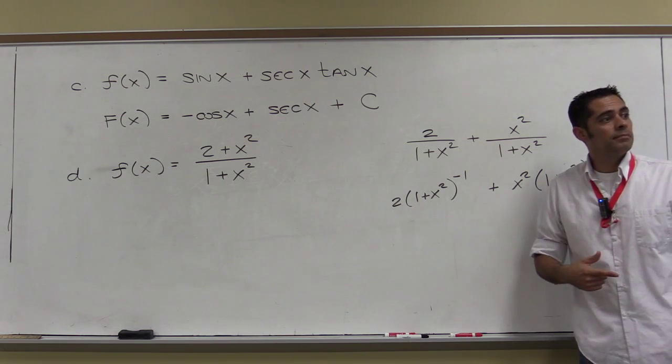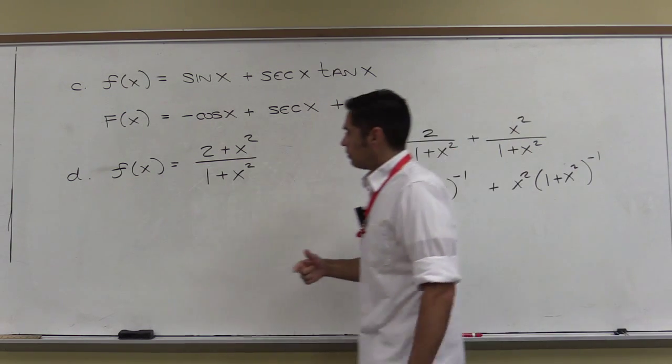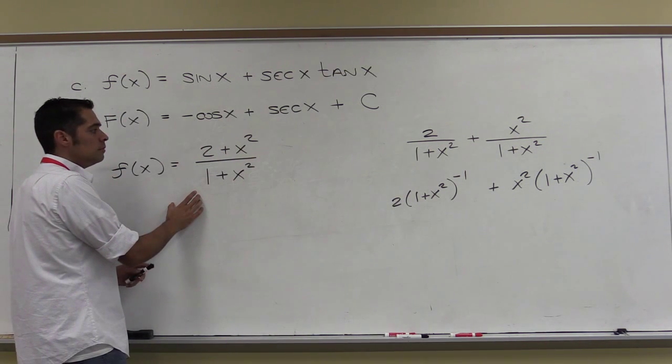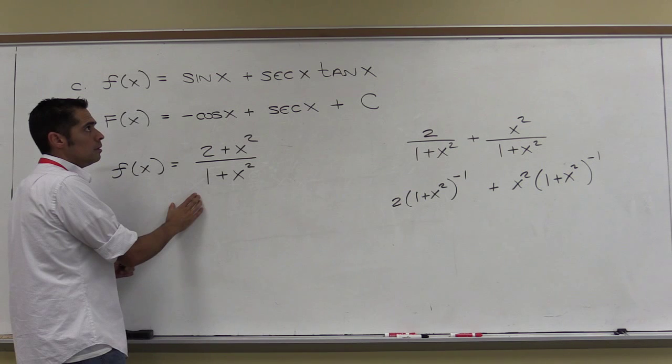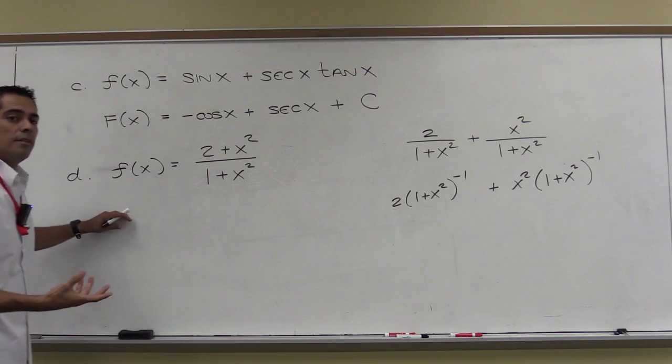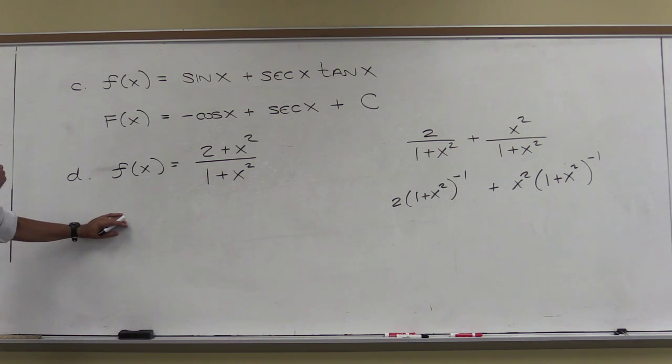Yes? Can you split the 1 over 1 plus x squared and then take the natural log of 1 over 1 plus x squared? You mean look at it as being the derivative of the natural log? Could you take 2 plus x squared and times it by 1 over 1 plus x squared, and that would give you tangent?